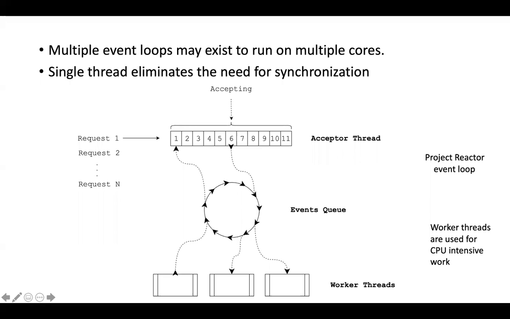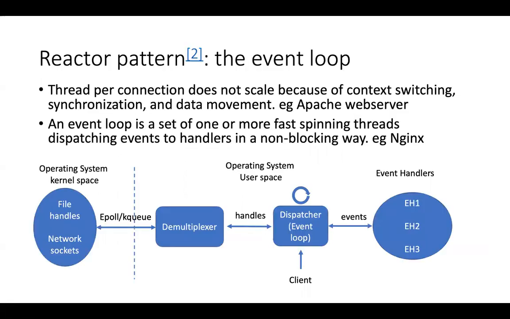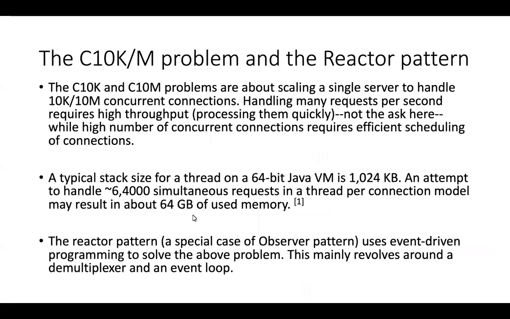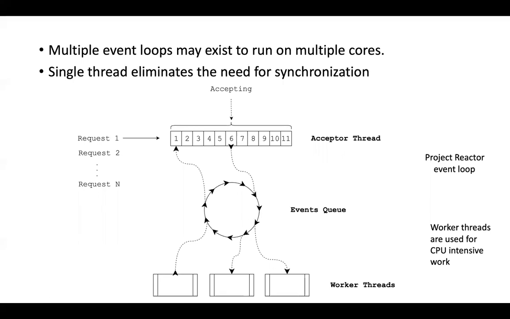And how is it optimizing our entire flow? Because we are using a single thread, we don't need synchronization. We have basically saved on these 64 GB, since lots of connection threads would be consuming 64 GB. So we have resolved that problem.